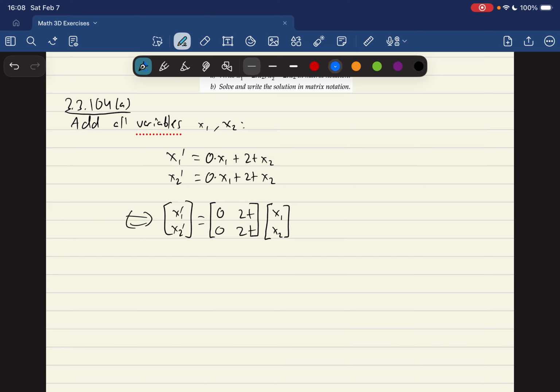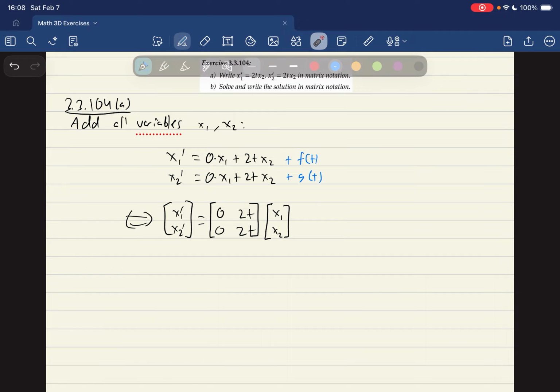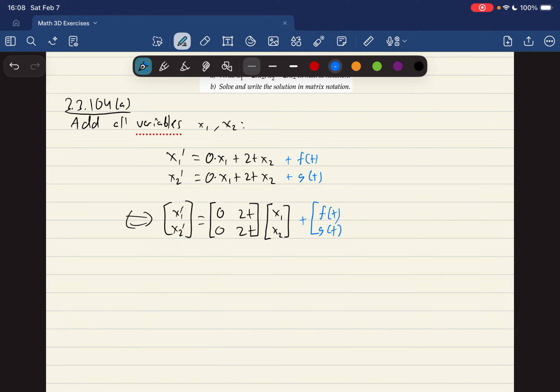Notice also, this isn't part of the problem, but let's suppose that we also had some extra terms, f of t plus g of t. Then we would package these into our matrix equation by just adding a column vector for them, like this. And so that would give us our matrix equation.